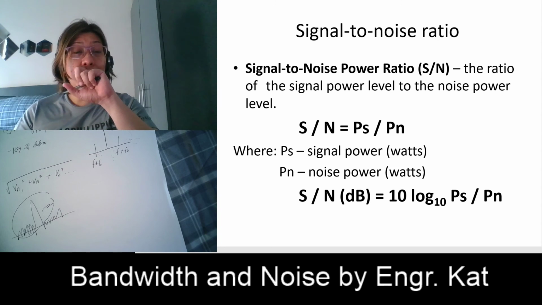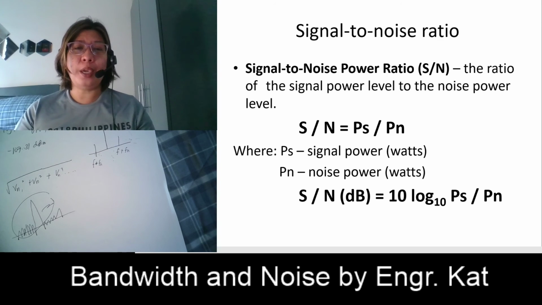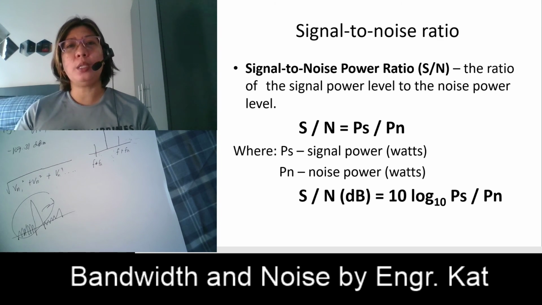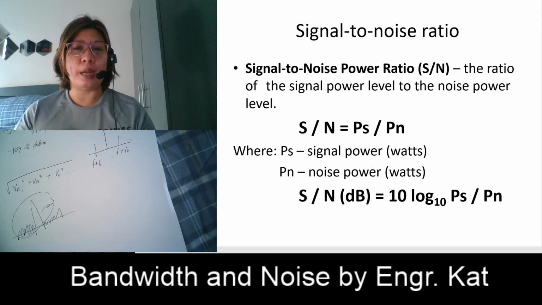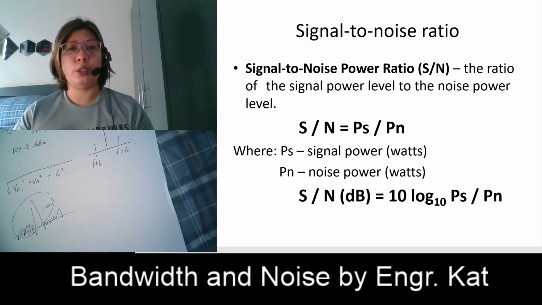Okay, so a while ago, we discussed the signal-to-noise ratio in the bandwidth topic. So this is your signal-to-noise power ratio, the ratio of the signal power level to the noise power level. So PS is your signal power in terms of watts, and PN is the noise power, also in watts.